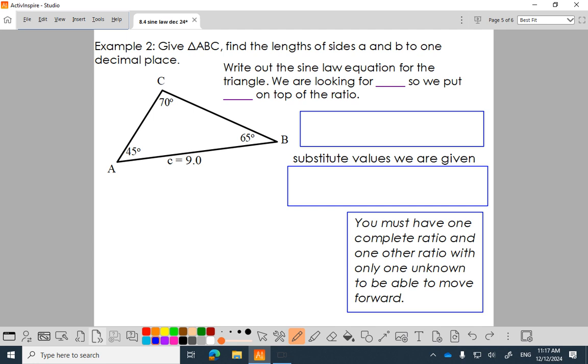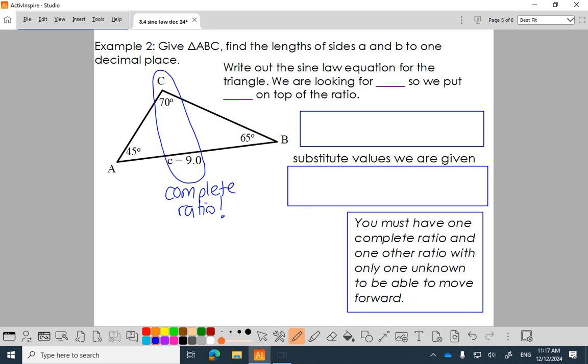So in a question like this, it tells us the vertices. It tells us side C. That's very lucky. And this is the complete ratio. It wants us to find A and B. So sine 45 and sine 65 are not the same number.